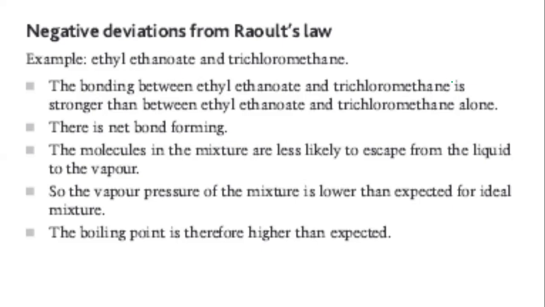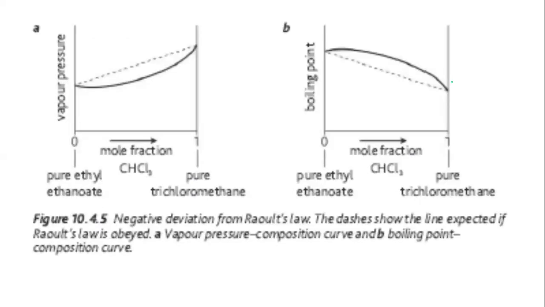As a result of that, you have a lower vapor pressure because fewer molecules are escaping. You notice this is the ideal with the straight line here, and you have a lower vapor pressure in comparison to the mole fraction than you would expect. And as a result, that would give you a higher boiling point than you would expect when you mix those two together.